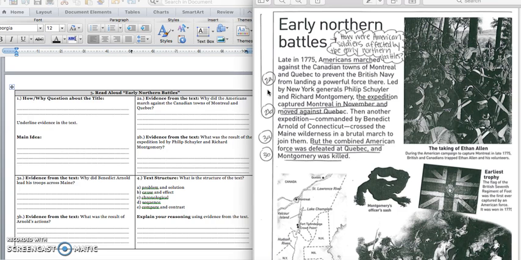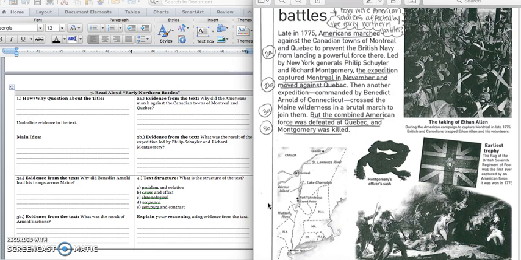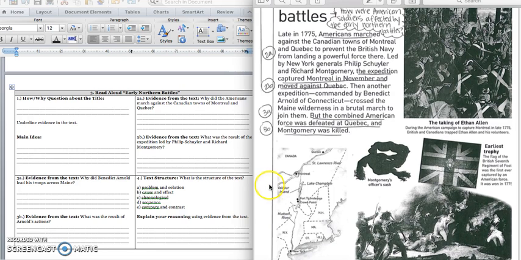Then another expedition commanded by Benedict Arnold of Connecticut crossed the Maine wilderness in a brutal march to join them. But the combined American force was defeated at Quebec and Montgomery was killed.